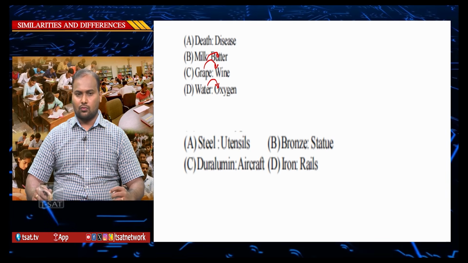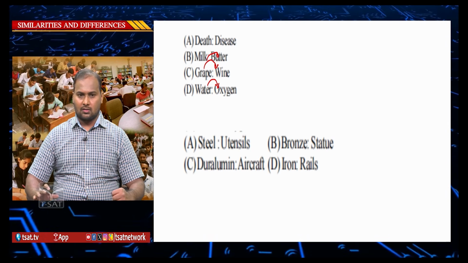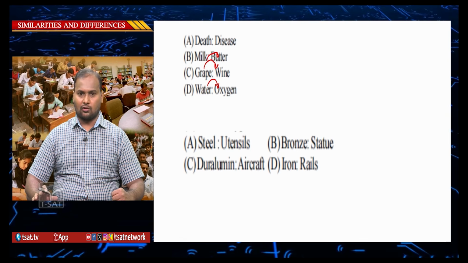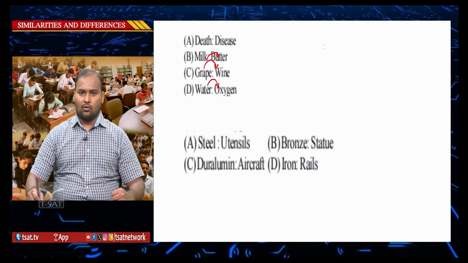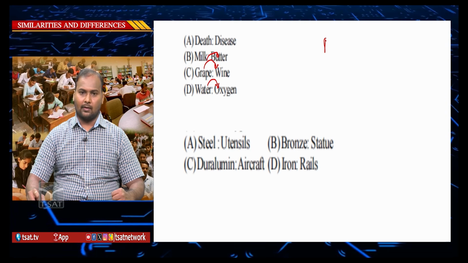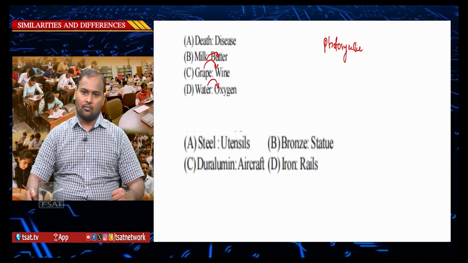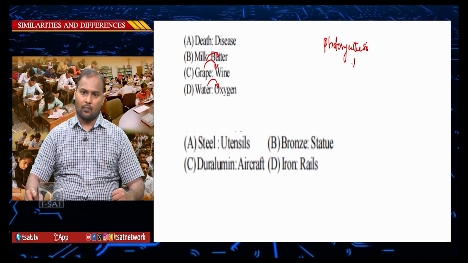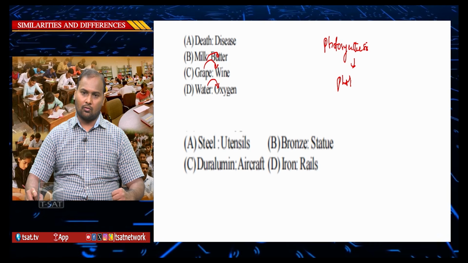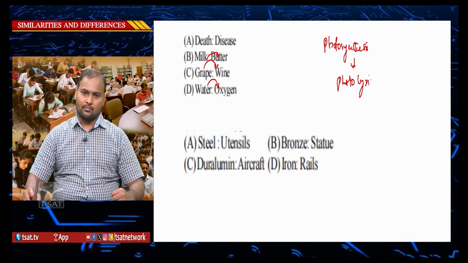The student should know that the oxygen present in the atmosphere right now is obtained from water. During photosynthesis, there is a process called photolysis of water. Photo means light, lysis means breakdown.